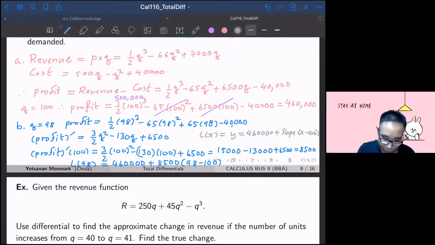And what is the slope? The slope that we have is 85,000. So this one is going to be the point slope form that you get.